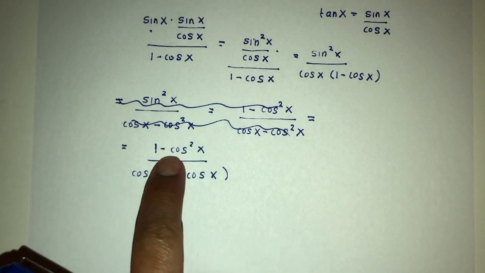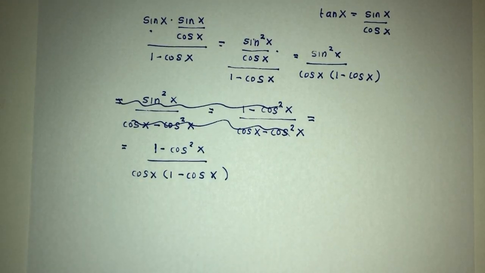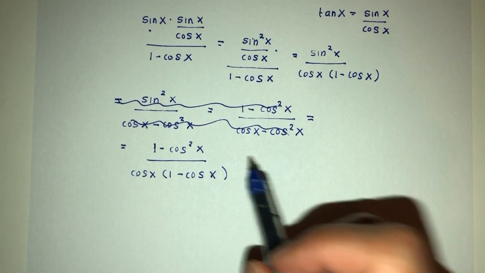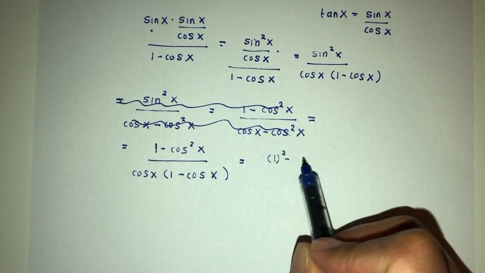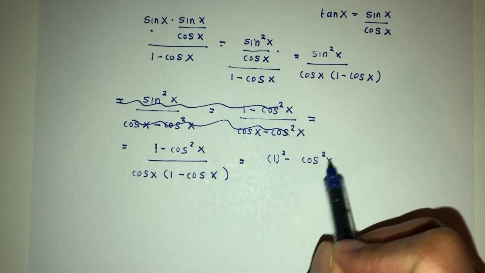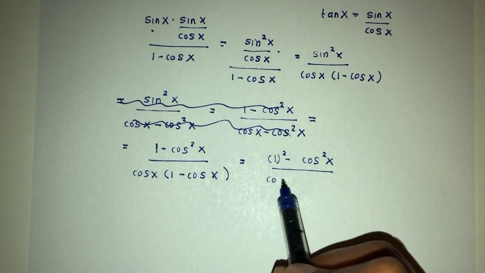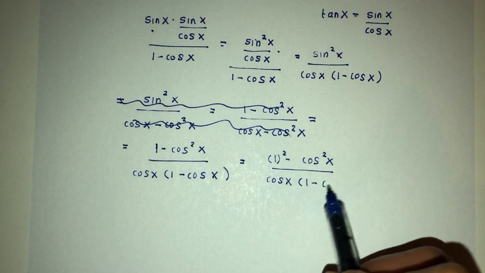Now if I want to simplify this, you have to know the difference of squares. So basically my idea is I can rewrite this as 1 square minus cos square x over cos x times 1 minus cos x.